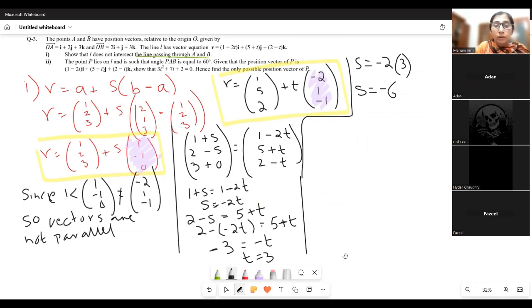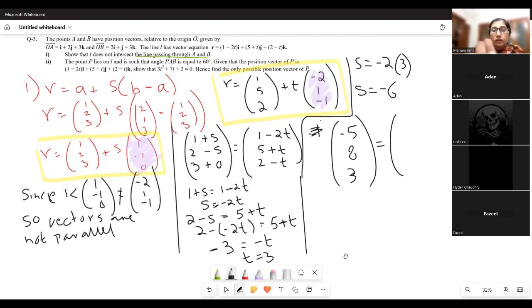Now, substitute it in both the vector equations, the ones I've highlighted with yellow highlighter. So we substitute minus 6 for s here. So 1 plus s would be minus 5. Then 2 minus s, that would be 2 plus 6, which is 8. And then 3 plus 0s, which is going to be 3.